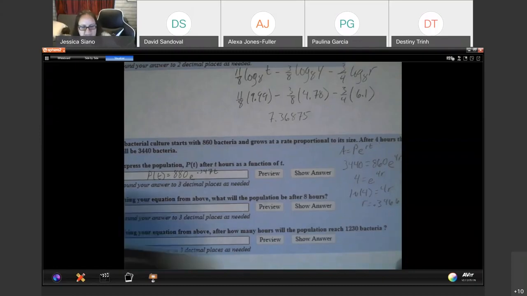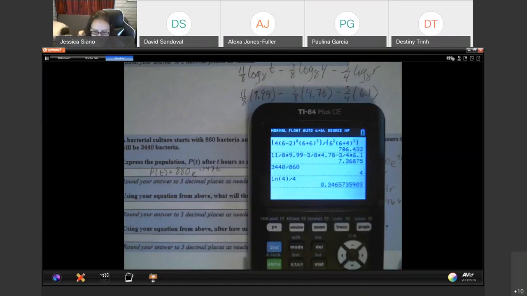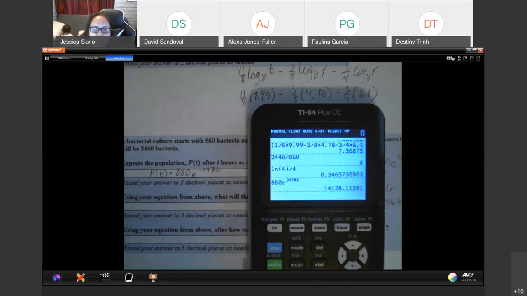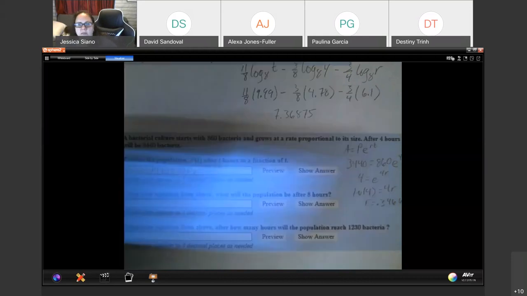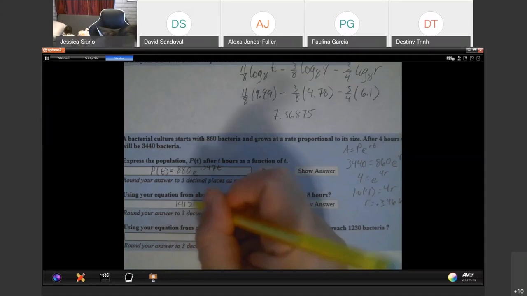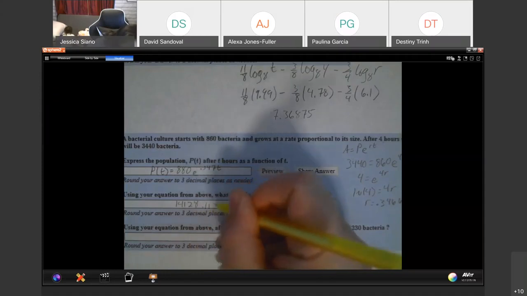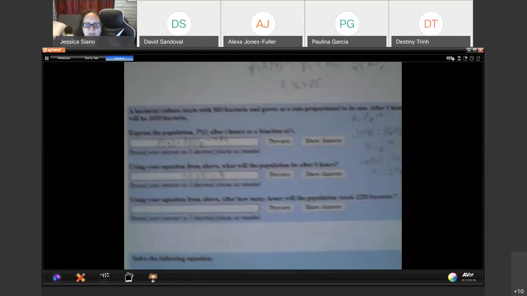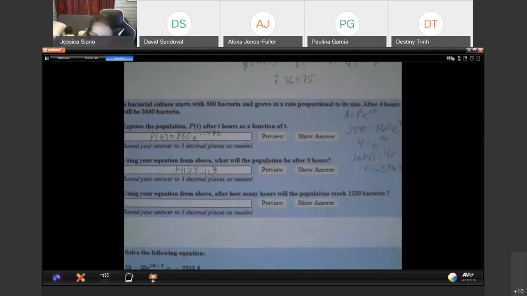So after 8 hours, 14,128.11. How many hours will it take for the population to reach 1,230?